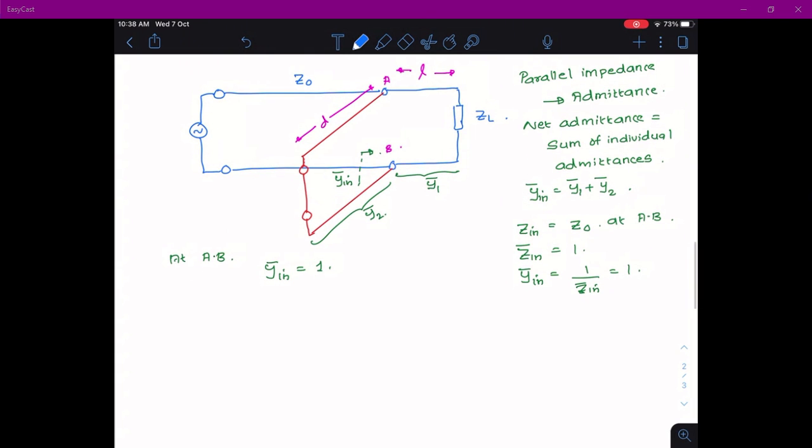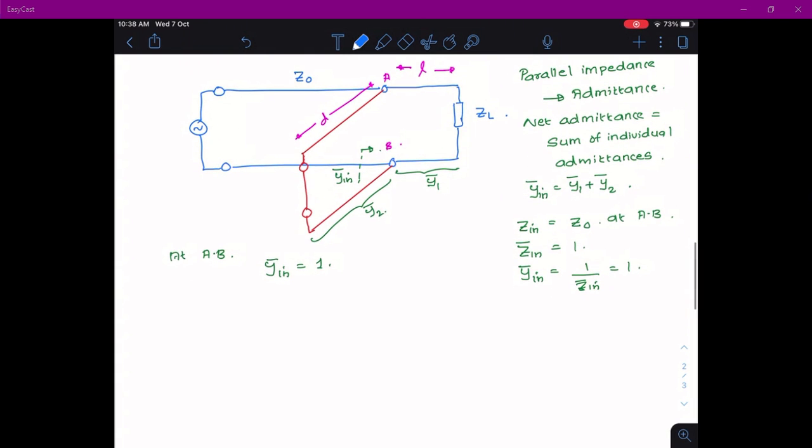So what can we do? So the trick is like this. Now first one, find the length L such that at AB Y1, or the admittance Y1 is equal to 1 plus some reactance.